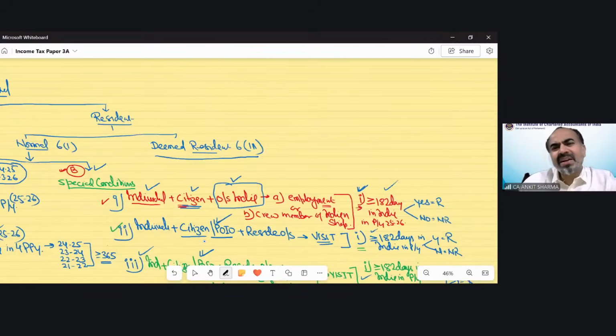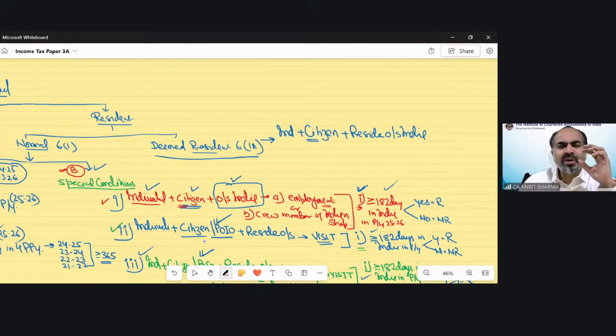So deemed resident is a very simple concept. It says if you are an individual and a citizen of India, no POIO included, you reside outside India. You will feel it is more connected to category B, third point. Almost the same condition.